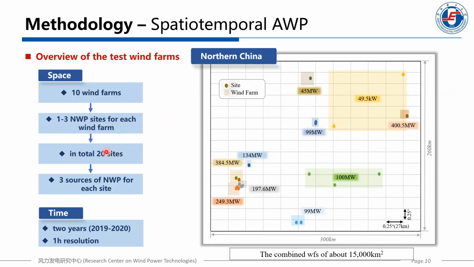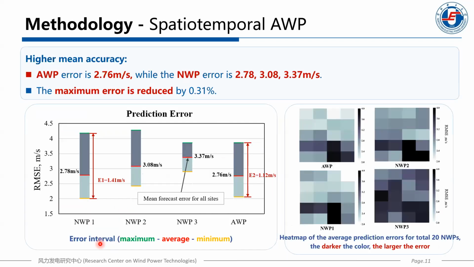So in total, there are 20 sites for the NWP, and for each site, there are 3 sources of NWP for comparison. The total time period for the data is from 2019 to 2020, 2 years in total, and the NWP data is 1 hour resolution.